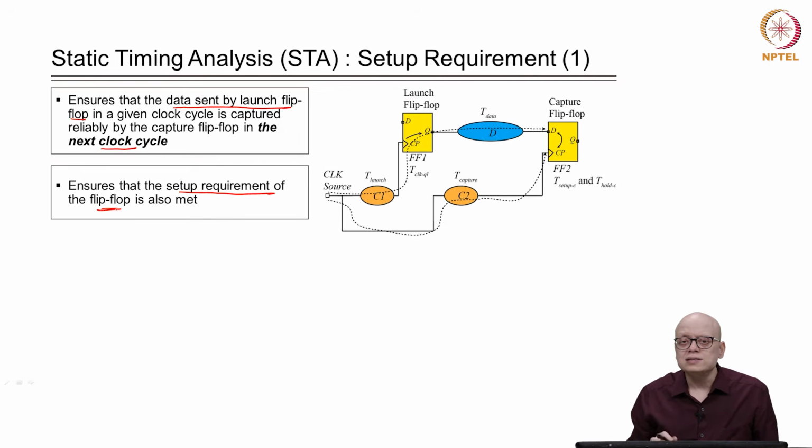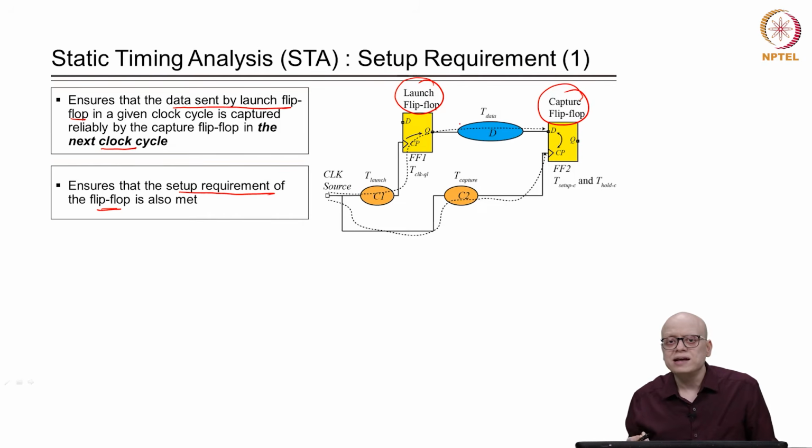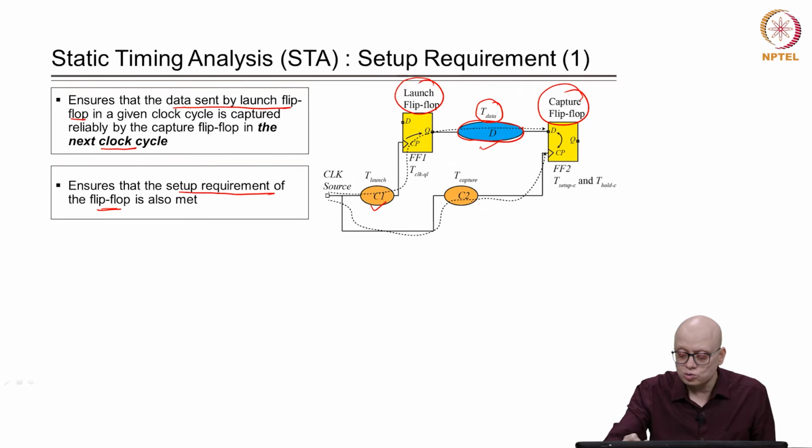Let us consider a part of a circuit in which this is a launch flip flop and this is the capture flip flop, and these two flip flops are synchronously adjacent, meaning that there are only combinational circuit elements in between them, right. Let us assume that the combinational circuit element is D and its delay is T data, right. And there are two delay elements on the clock path, C1 and C2.